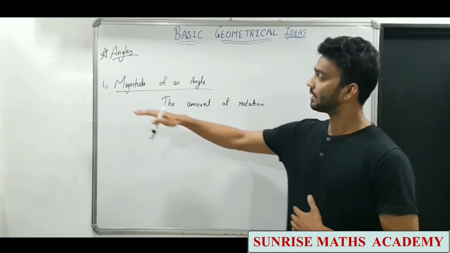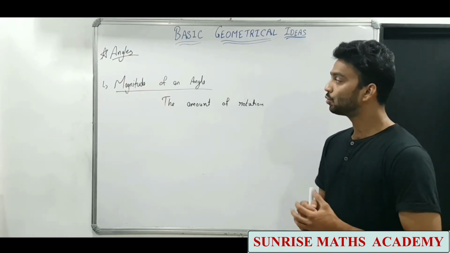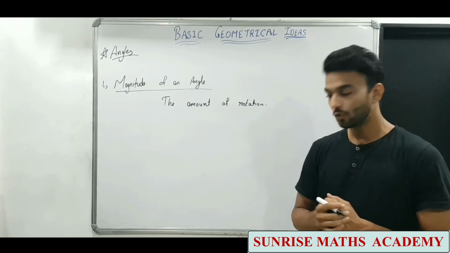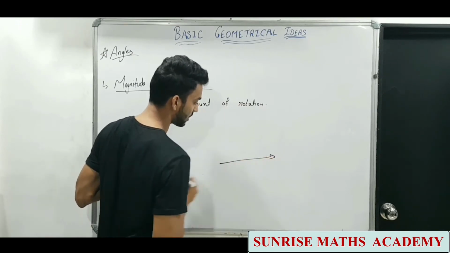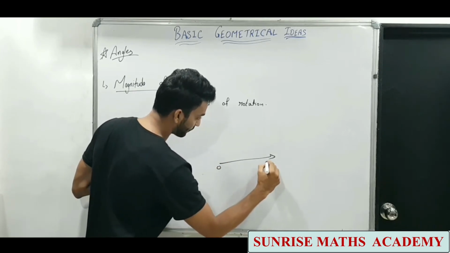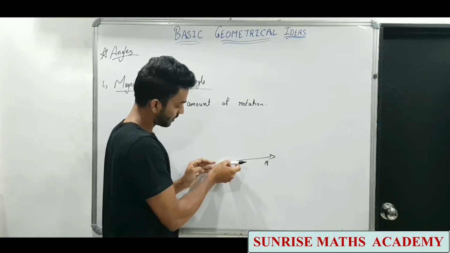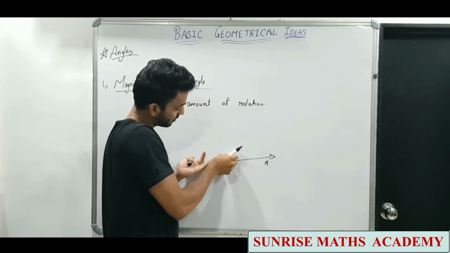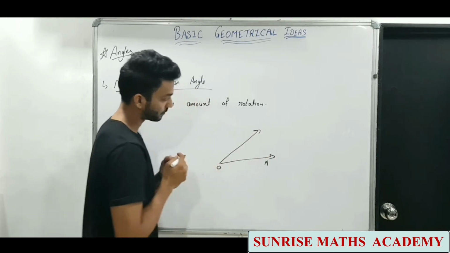Now we are going to see the next thing for angles, that is magnitude of an angle. Magnitude means the amount of rotation. Why is amount of rotation written here? If I say that this is a ray, so this is OA, and from this ray at this point, if I start rotating and I stop somewhere at this point, so I stopped here.